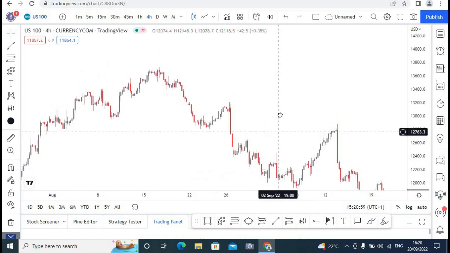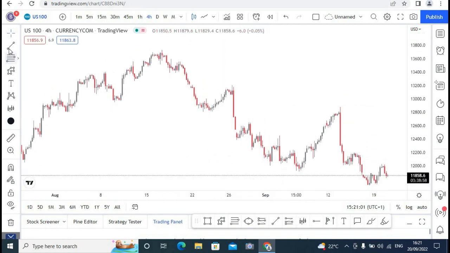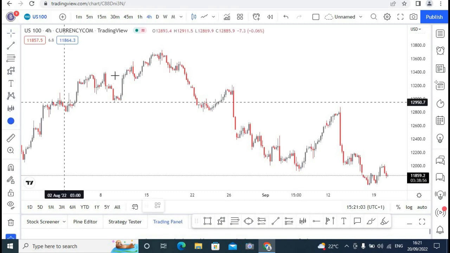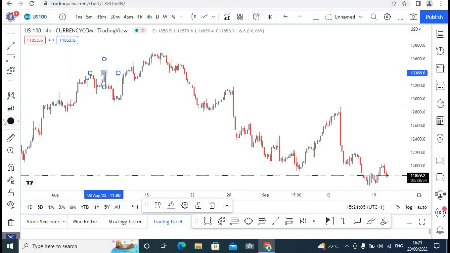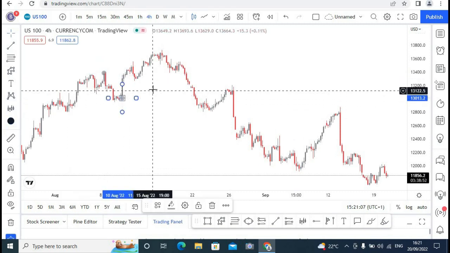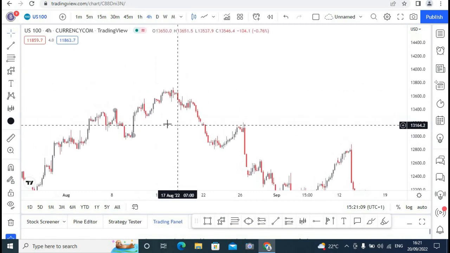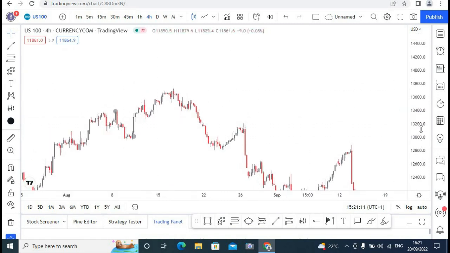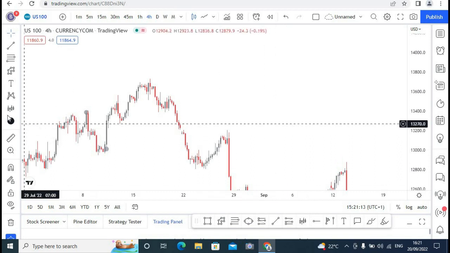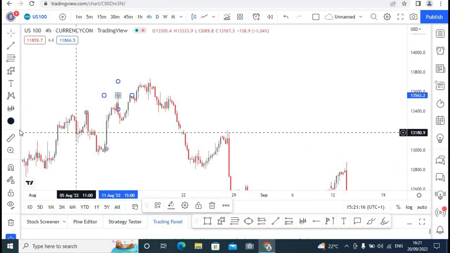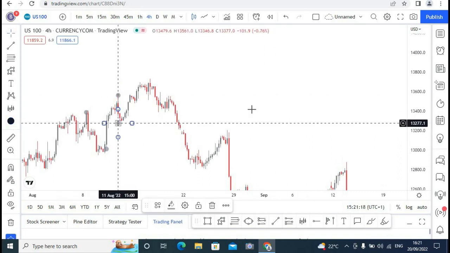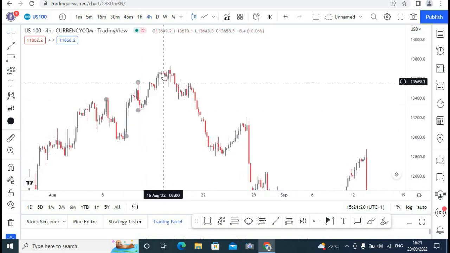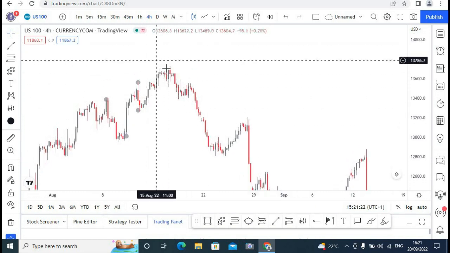So as you can see, guys, this is Nasdaq, right? You can see that we have this high, we have this low right here, right? But you can see that we also did have a high here, this is a low right here. Then the price just came from a fair value gap.